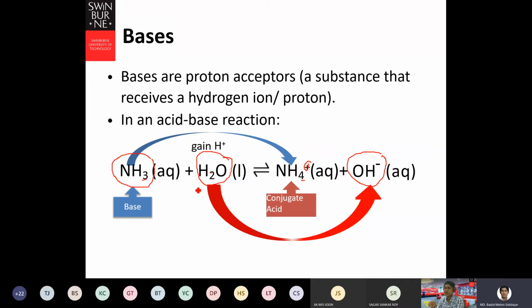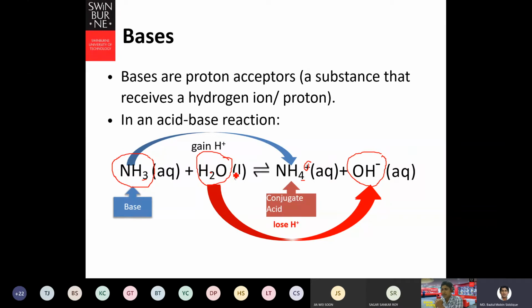That means it is deficient of 1 hydrogen, and that is why it is not in neutral charge. But here, by taking 1 hydrogen, it becomes excessive of hydrogen and becomes positively charged.